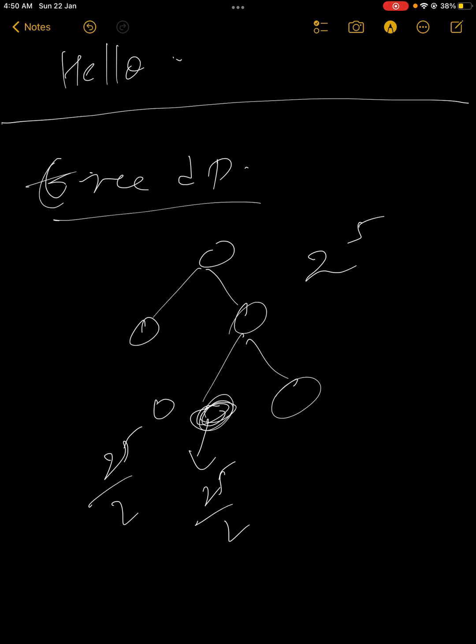So basically there is a 50% chance, or in 50% of the total number of ways this node will be 0, and in the other 50% it will be 1. Same for this, 50% 1, 50% 0.